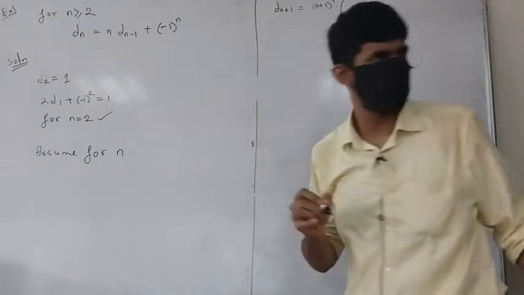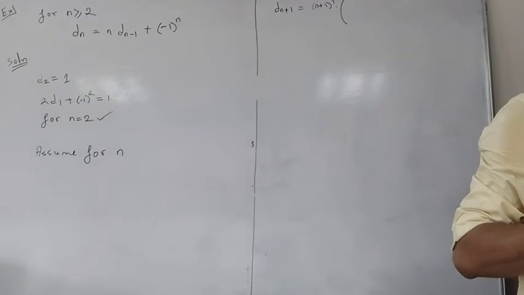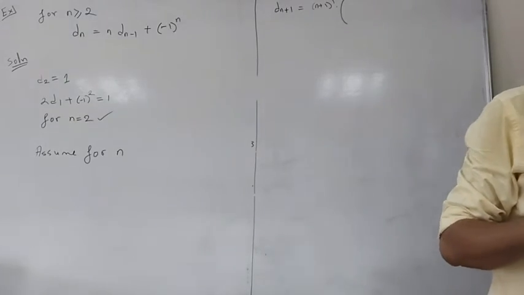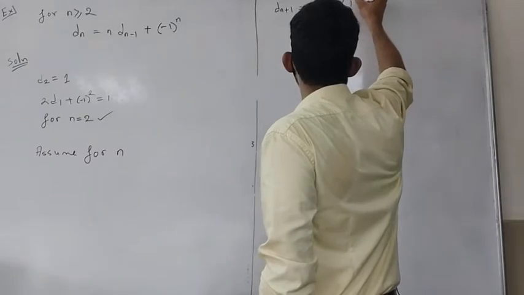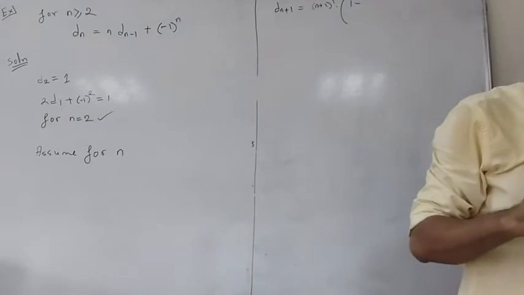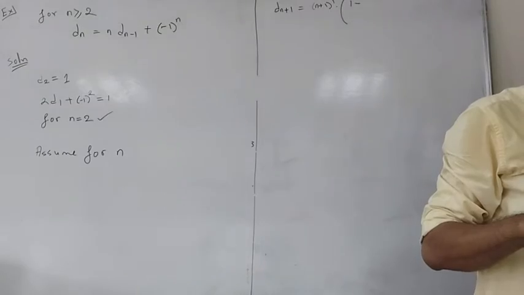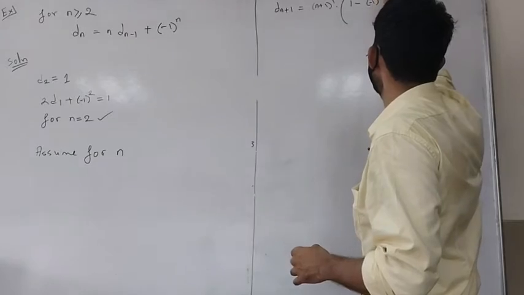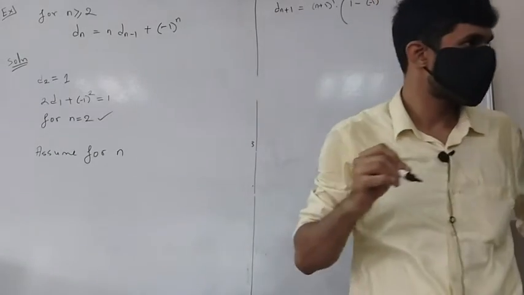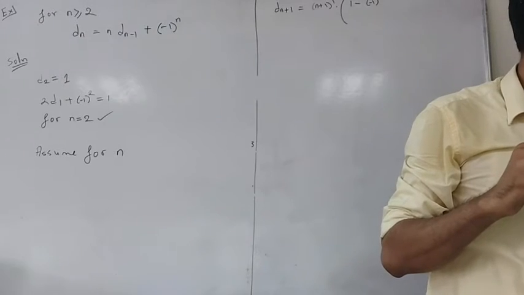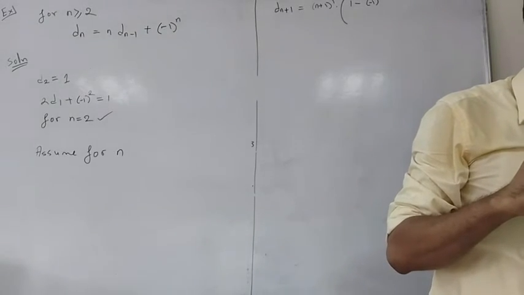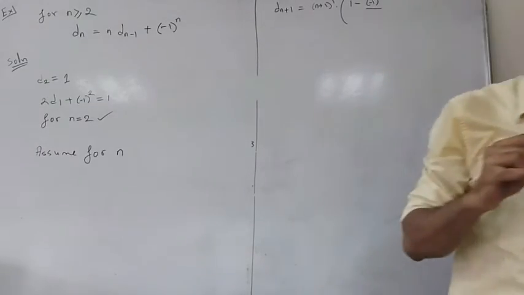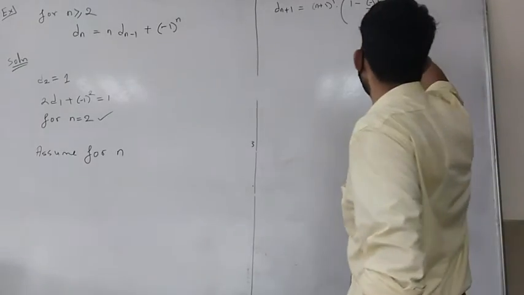times, going from 0, so 1 minus, just check whether I am correct. So minus 1 raised to 1 divided by 1 factorial, correct.